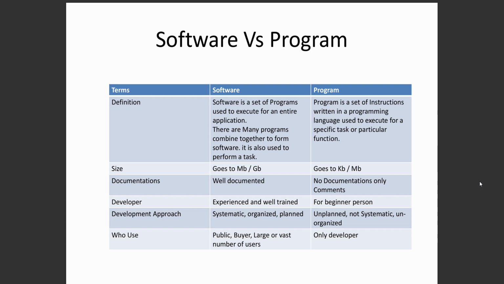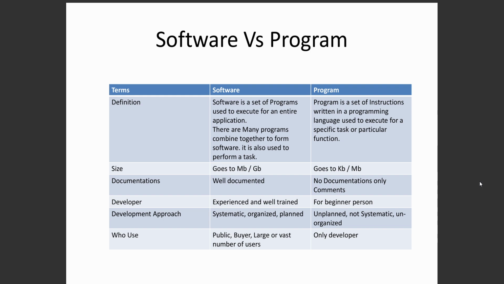Generally, the software comes with properly documented manuals, maybe an operation manual or a user manual or an admin manual. But in programs, we generally don't have documentation. Okay, students with good programming skills do document, but general students don't do documentation while they write code.